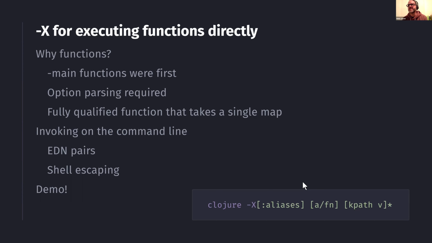It really is interesting, because with Clojure or Java, any JVM application, the entry point for years has always been a main function. In Java it's public static void main, and in Clojure it's our little -main. But the problem with that is everyone has to then handle option parsing.